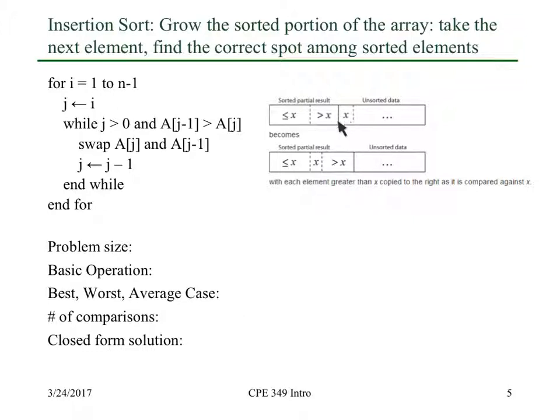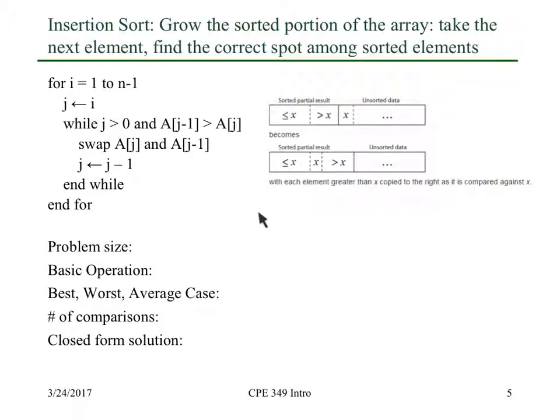You'll realize that x is greater than that element, and so you're done. That's tested here in the while loop. You only stay in this while loop if a[j minus 1] is greater than a[j]. Otherwise, you just drop right out.